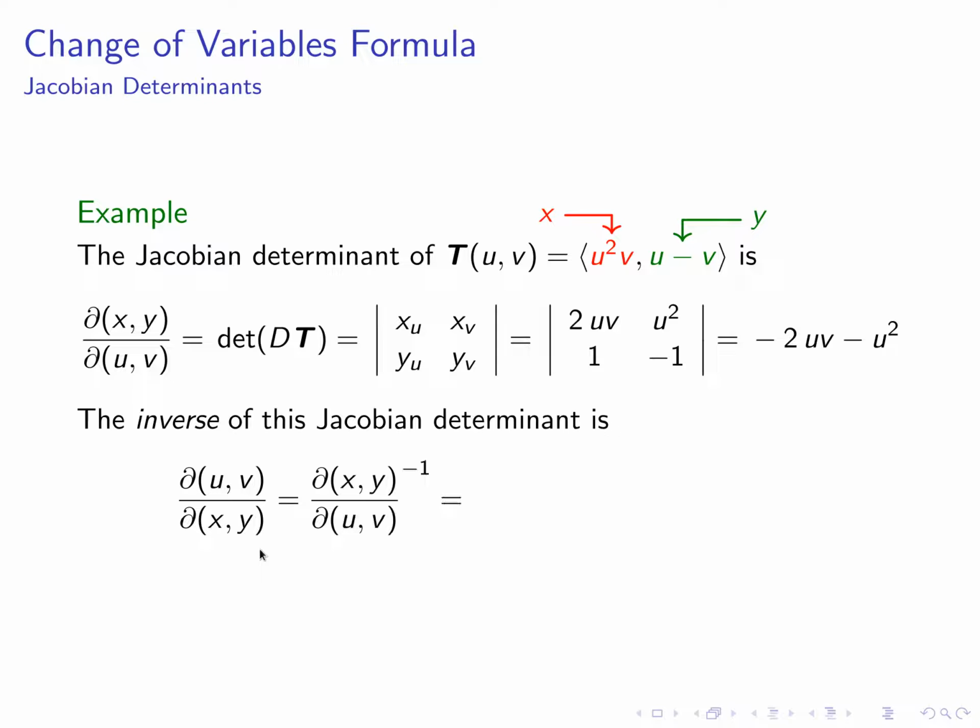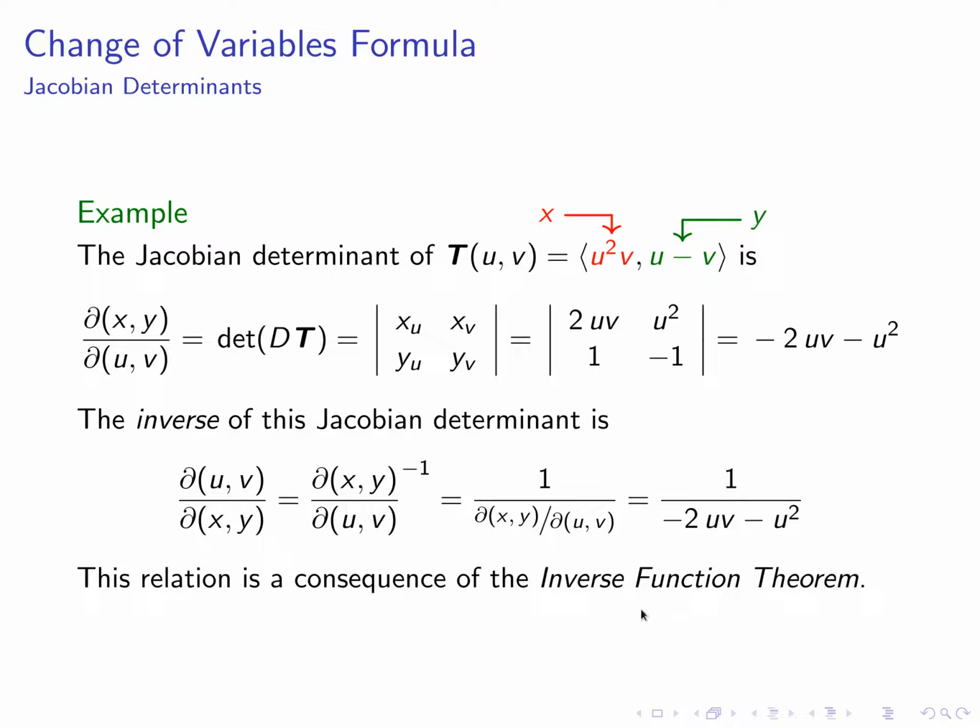Instead, we can just invert the Jacobian derivative that we just calculated. So what we could do instead is really just take 1 over the partials of x, y with respect to u, v. And so that would be 1 over the quantity we just calculated, negative 2 times uv minus u squared. The rule that allows us to do this is technically called the inverse function theorem.